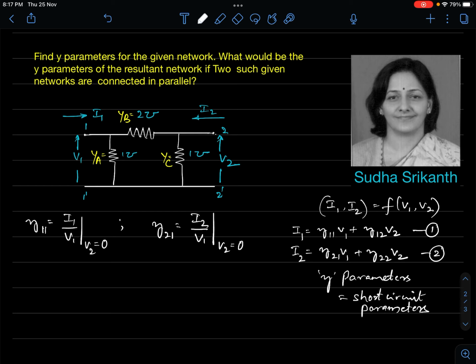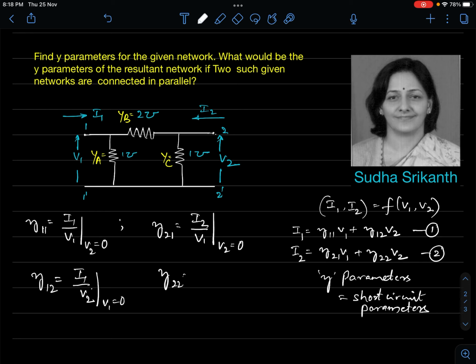In order to determine the other two, we need to make V1 0. So what do we get? We are supposed to determine y12. y12 is the I1 to V2 ratio with V1 equal to 0.